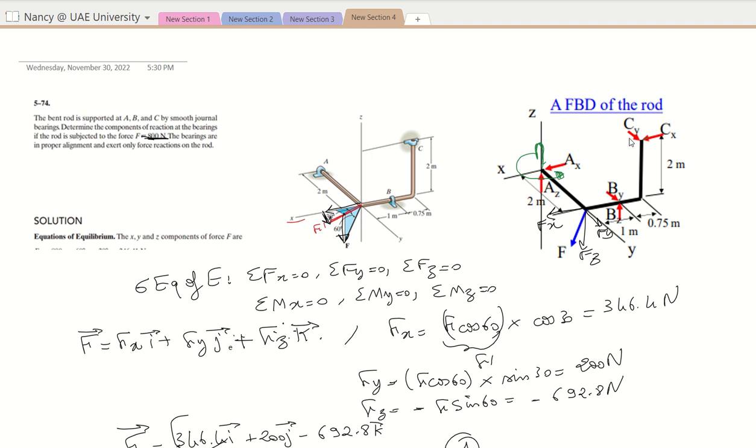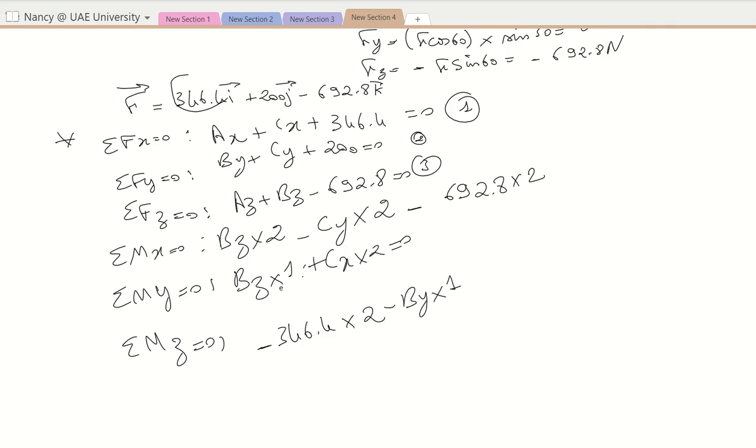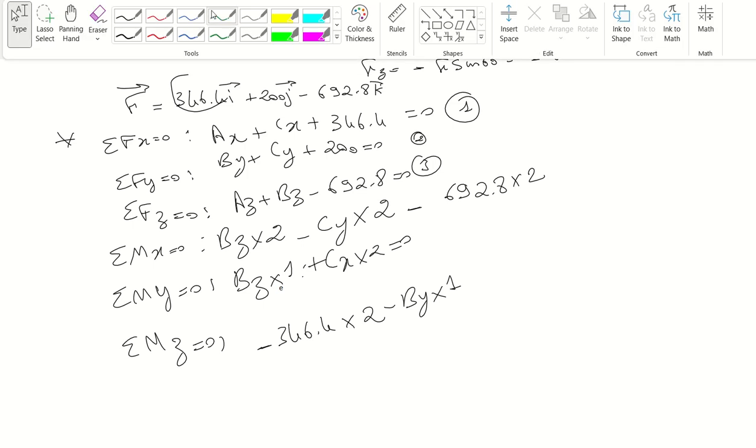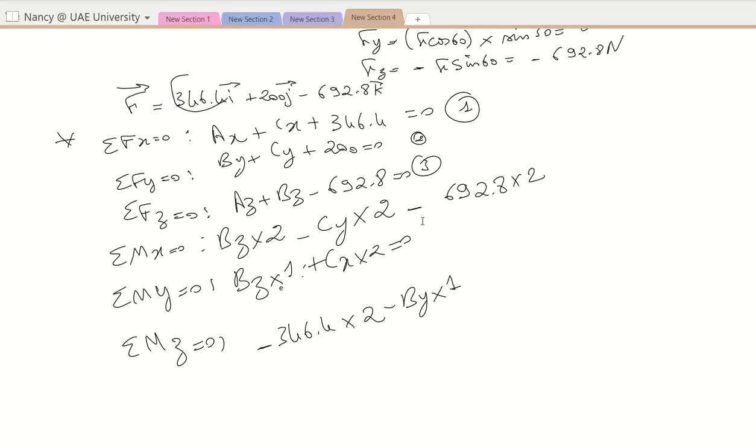For Cy, the perpendicular distance between Cy and z is 1.75, and the perpendicular distance between Cx and z will be equal to 2. Okay, so minus Cy times 1.75 and minus Cx times 2 equals to 0.